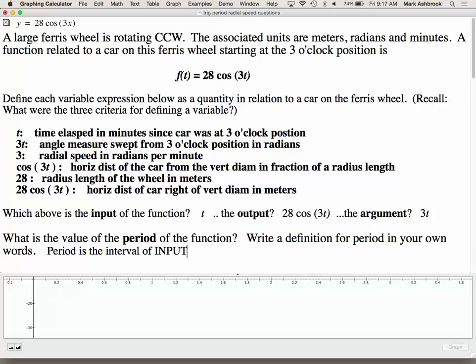It's how much input needs to go by, or transpire, to get a full cycle of output values. What interval of input so that the output goes through one full cycle and then starts over again?